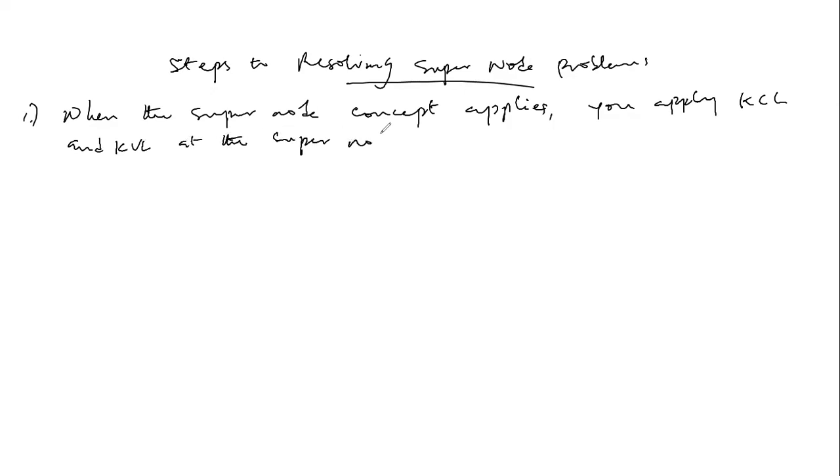Just take note of this, okay? Previously, all we do is write KCL at the independent nodes. But now that we have a supernode, we write KCL at that supernode because we have two nodes all put together this time. And then we also write KVL at that supernode.